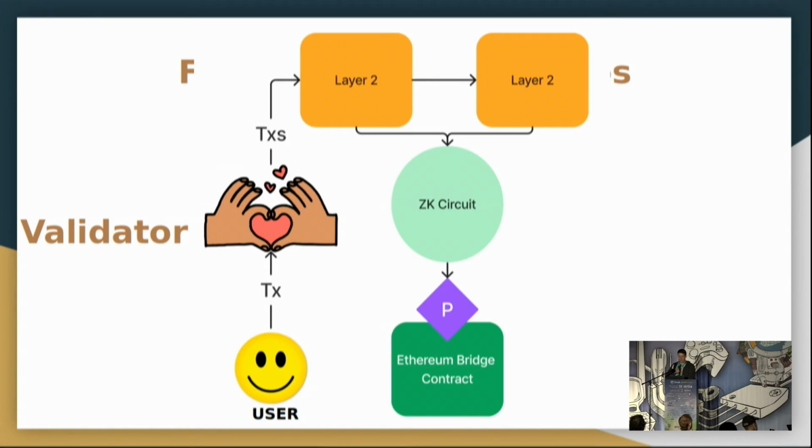So let's talk about force exits from rollups, what it actually means to be able to get off of rollups. This is a circumstance for how you would look at a layer 2. You're the user here and you're happy. You put a transaction through to a very nice validator or sequencer, and they put your transaction into the layer 2. The layer 2 puts it through a ZK circuit, produces a proof, and puts that into the Ethereum layer 1 bridge contract.